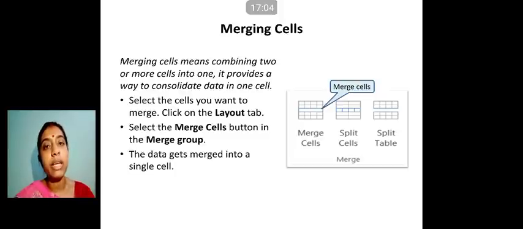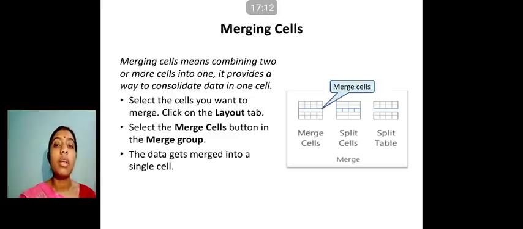In splitting, one cell was divided into two or more cells, either rows or columns. But in merging, two or more cells are joined together to make one. Understood the difference?